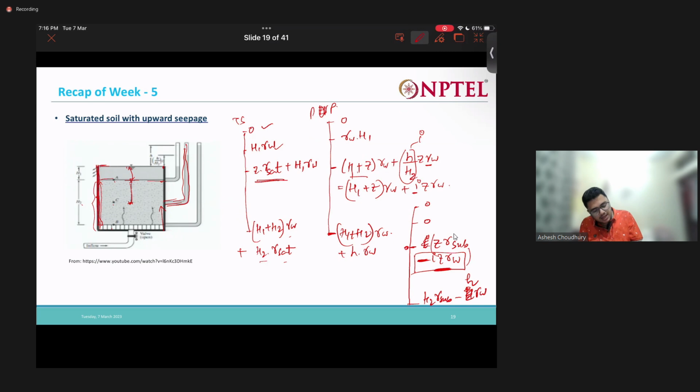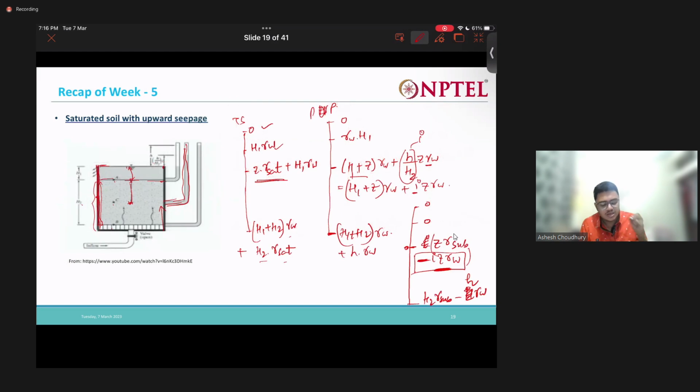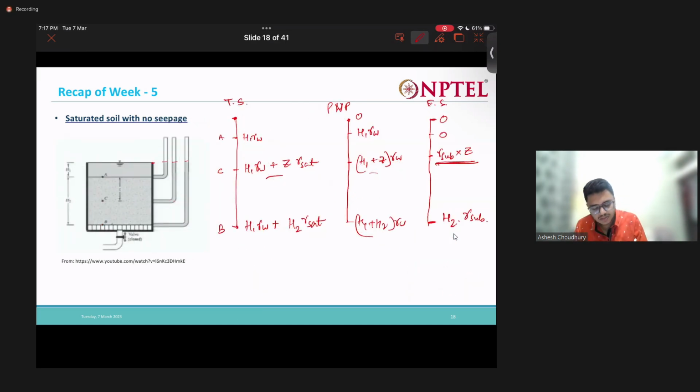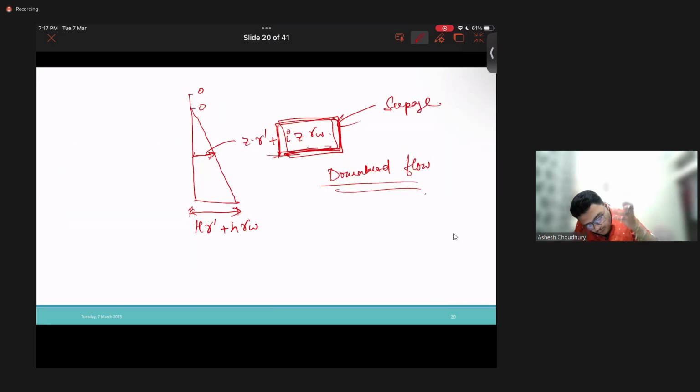So at point C, at no flow condition, what is my effective stress? It's z into gamma submerged, right? But what is happening due to the upward seepage? This z into gamma submerged is reducing by this amount. So upward seepage is reducing my effective stress, and the opposite happens when there is downward flow.